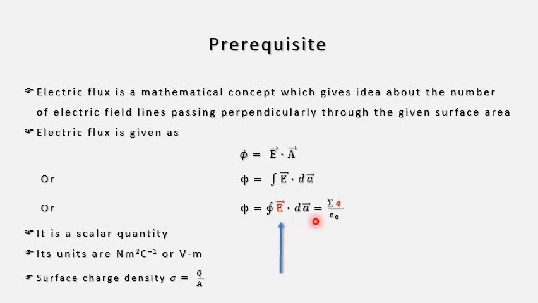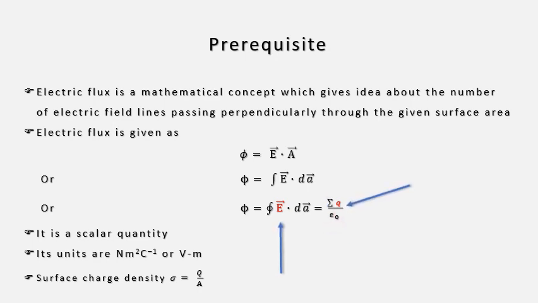But in sigma q by epsilon 0, sigma q is the summation of only those charges which are inside the Gaussian surface. So while using this formula, keep in mind that charges outside the Gaussian surface are of no use to find flux with this formula.